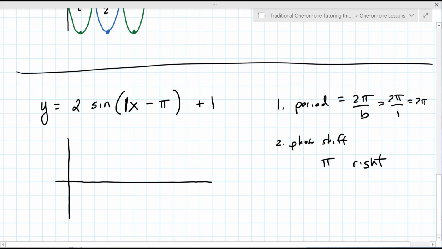The phase shift is pi. I'm going to arbitrarily make that pi. Like I chose that. So where is 2 pi going to be to the right of that? Well, that puts you out here at 3 pi. So you start with the phase shift, but then the end of it is your phase shift plus your period. And those should always work out nicely, meaning you're never adding pi and a whole number, or a whole number and a pi.